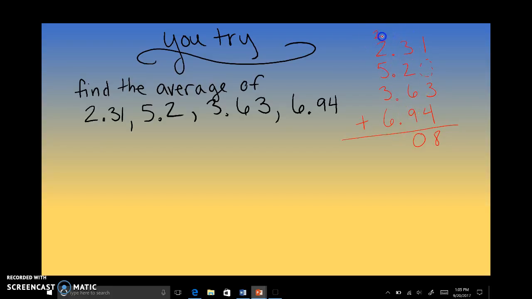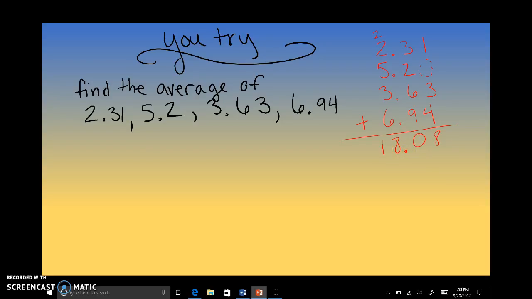So we're going to carry that 2. And now we have 6 and 3, 5, 2. We carried that 2. So for that, we have 18. And now with addition, we lined up our decimals, and it lines up in our answer too.